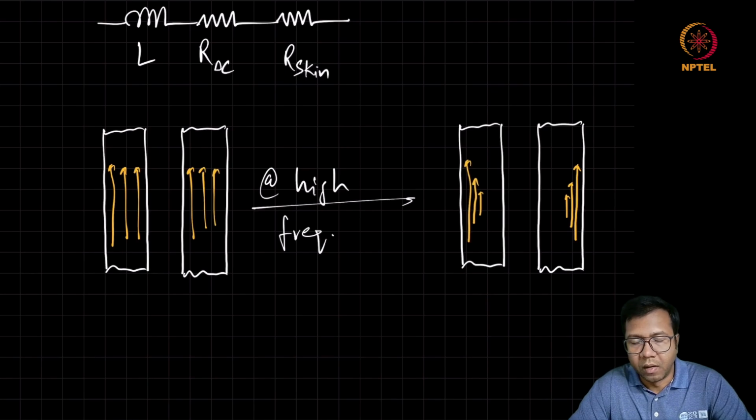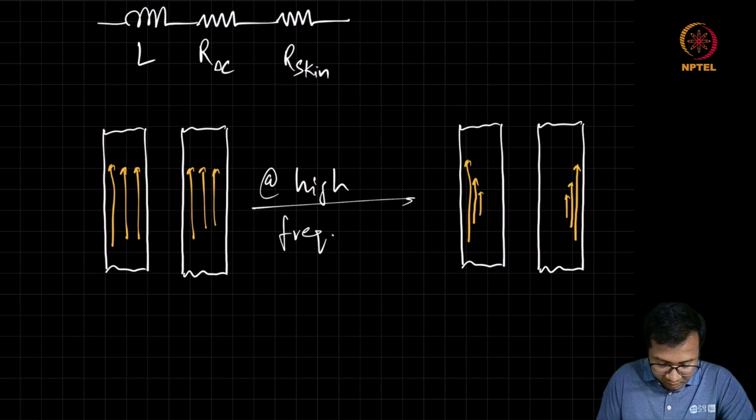So the effective cross section in which the current is flowing again reduces. This is called the proximity effect.